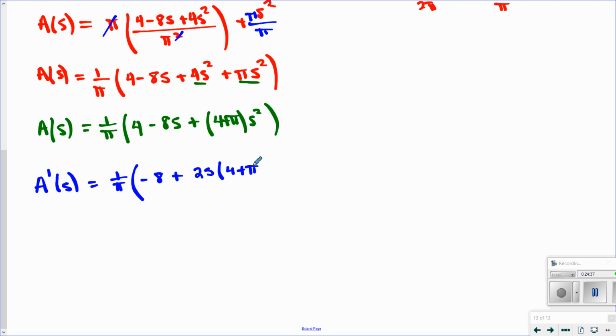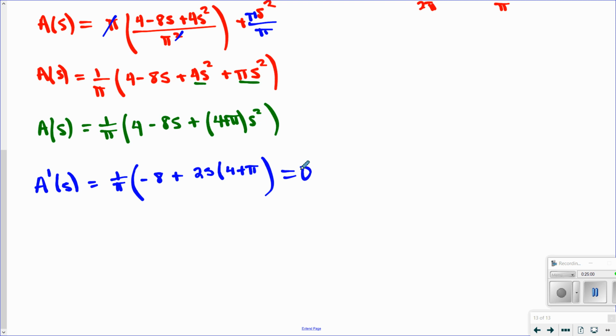Okay, so that's my derivative. Now again, when is this maximized or minimized? Well, when the derivative is undefined or equal to 0. Well, this is never undefined, so let's set it equal to 0.